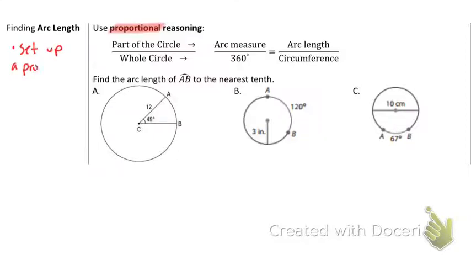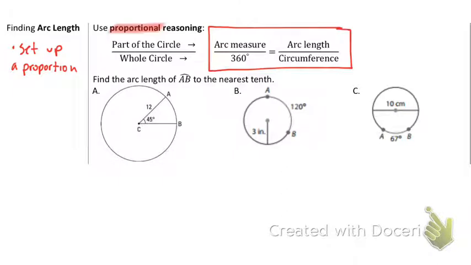The way you think about it is we're setting up the part of the circle in degrees equal to the part of the circle in length.